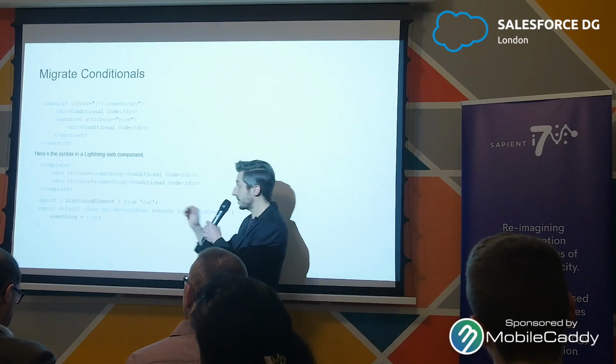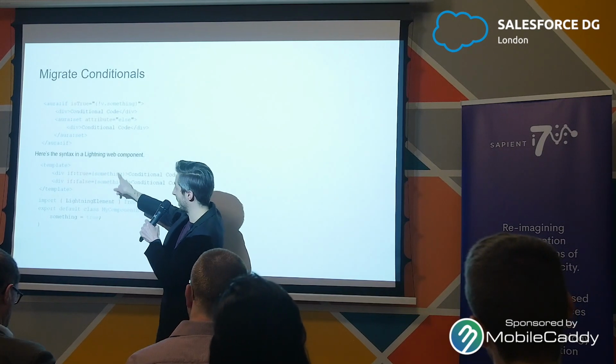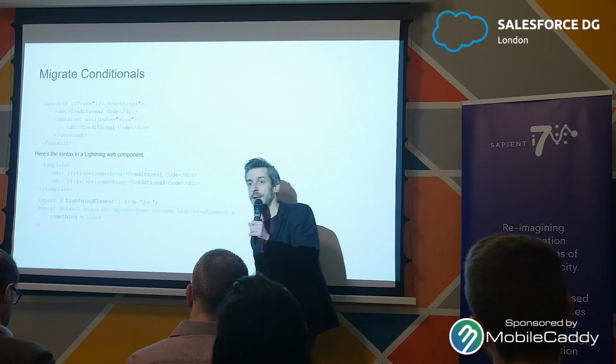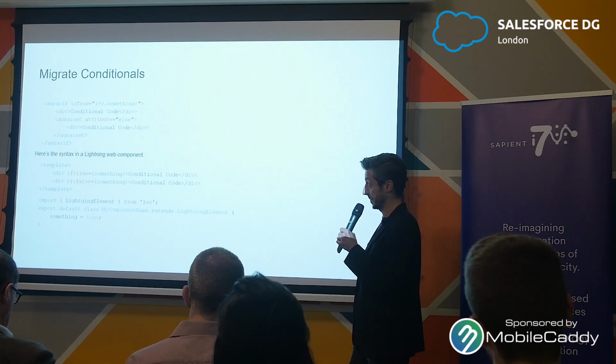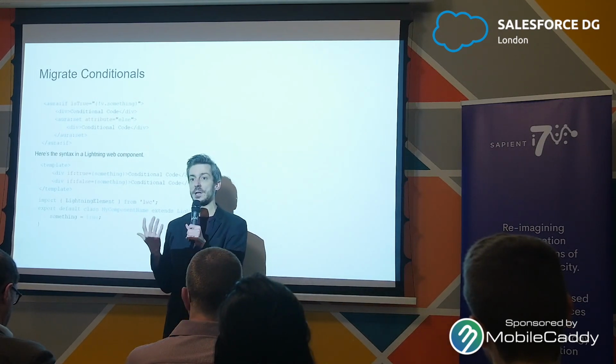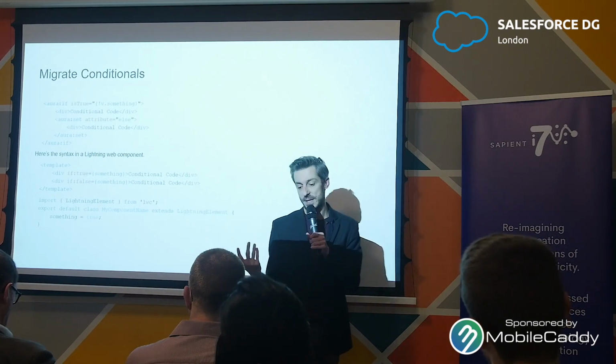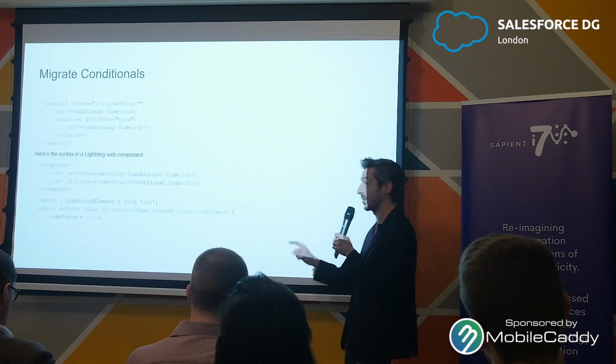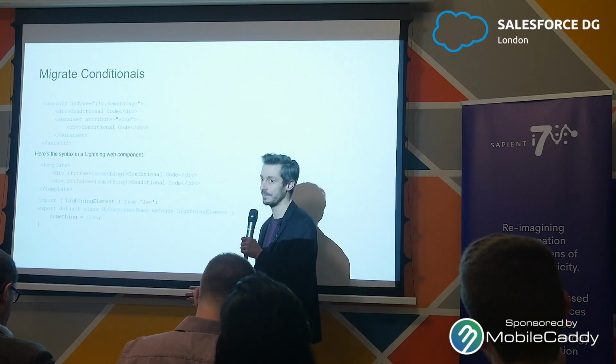In this case, you see this something, it can't be an expression. It needs to be coming from a getter. And that means that if you have any logic to understand if you should display something or not, fine, you put it in a getter. If it's in a getter, it's testable.